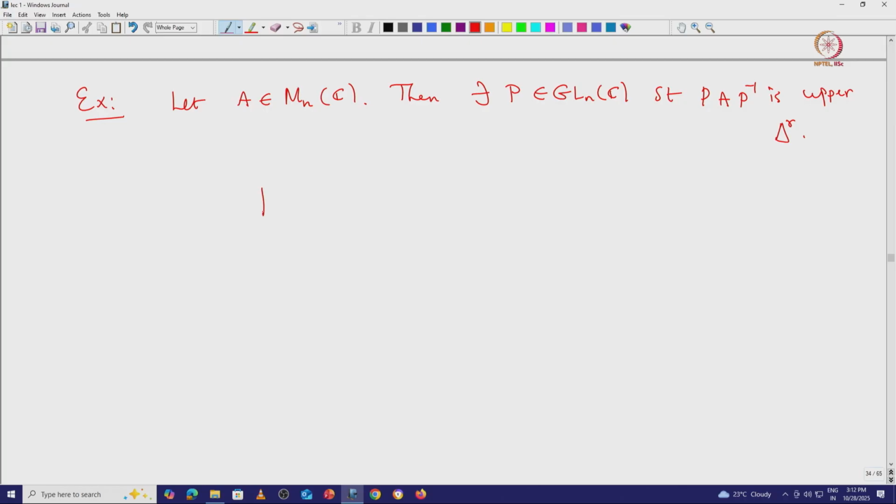But the maximum you can do is write some conjugate of A as something upper triangular, which is not very bad, because this is still helpful to compute the determinant, as the determinant is the product of the diagonal entries. But still, this is going to be much more complicated than what we are expecting.